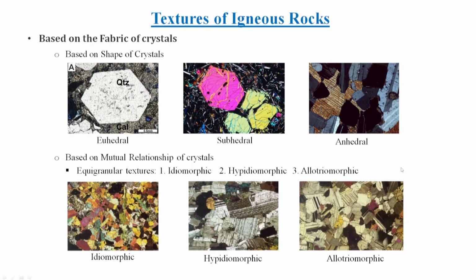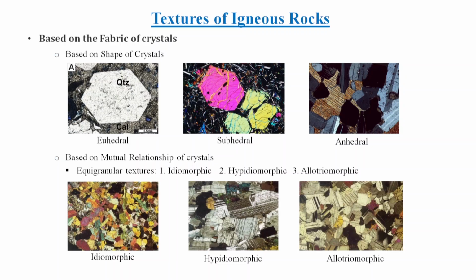But remember, these are always done because of some purpose. This nomenclature is not like we just need to separate two or three or four types of rocks. It has a purpose. The main purpose is actually to look at the history of crystallization or solidification of a rock.